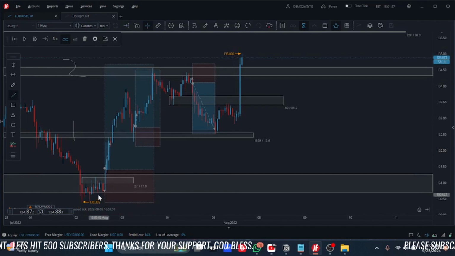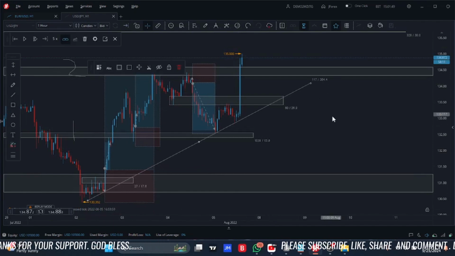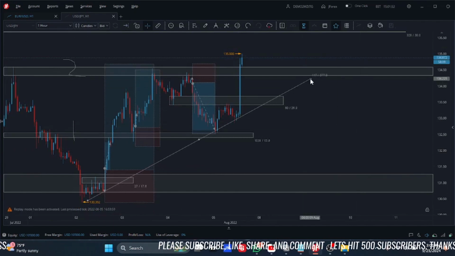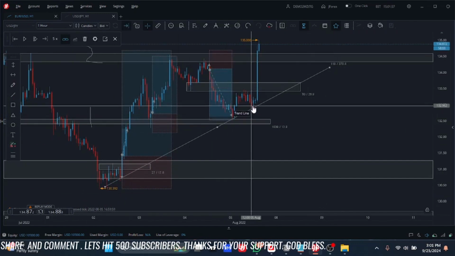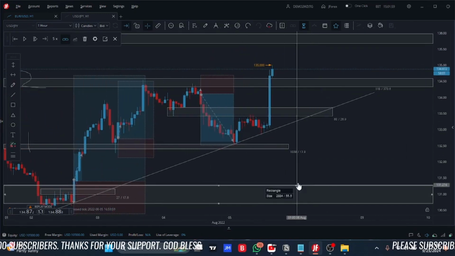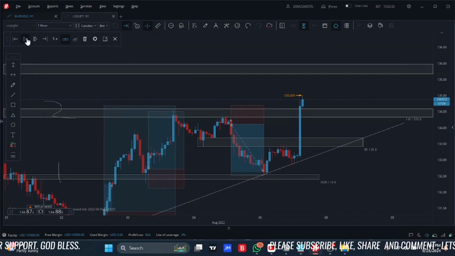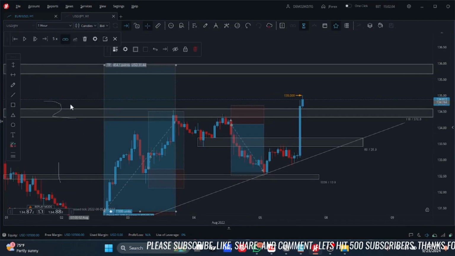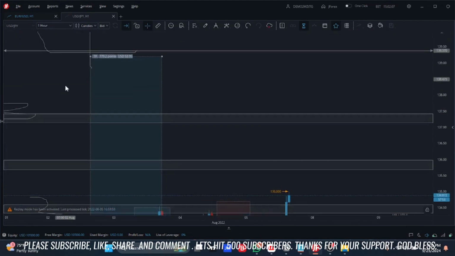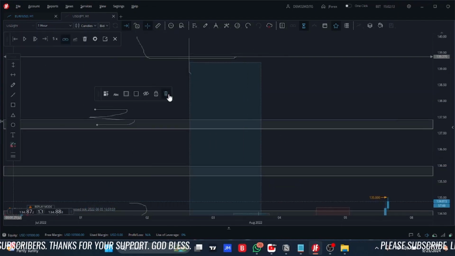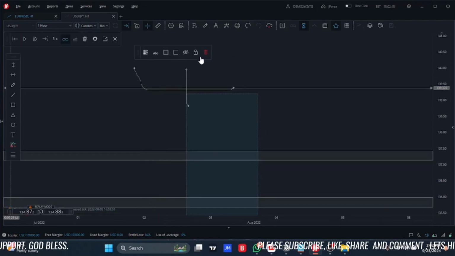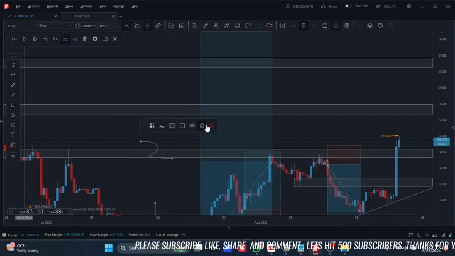Now we wait for the retest from any zone, then we're going to take our buys. Just simple as that. You don't need any indicators and many things in your chart. Just boxes and lines and the risk and reward sheet. It's not that hard.